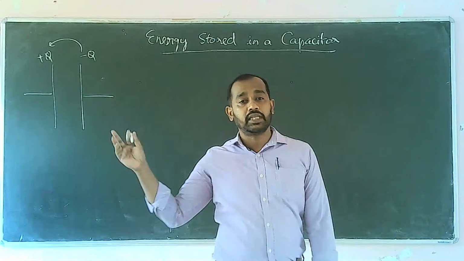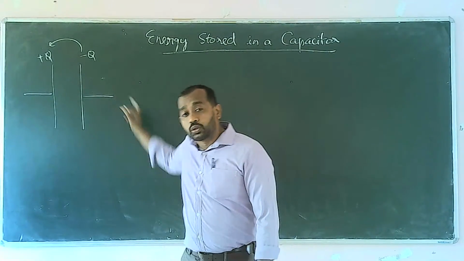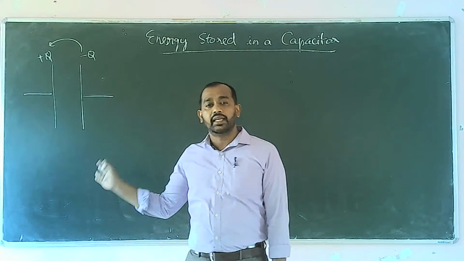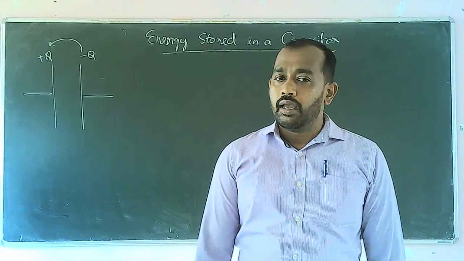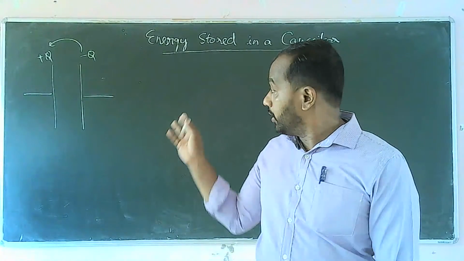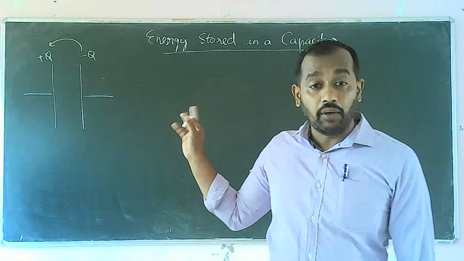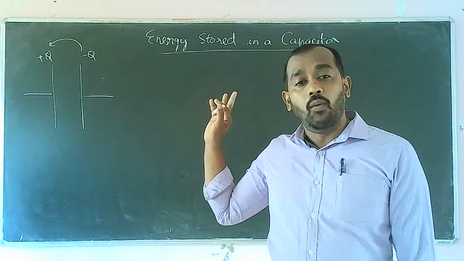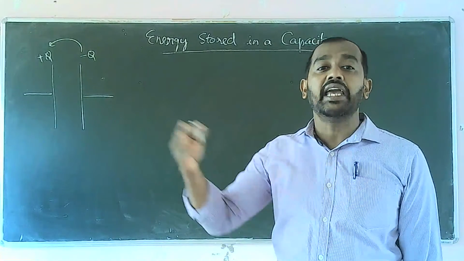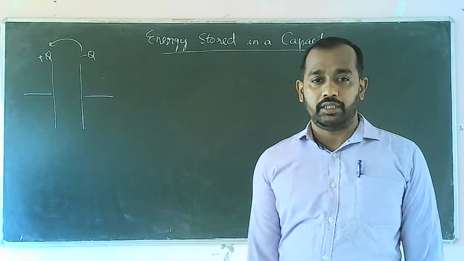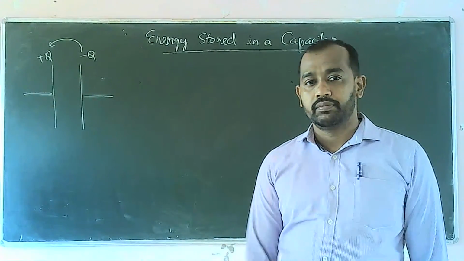The transfer of the charges will be done through an external agency like a cell or battery, a source of energy. And one more thing to remember is that only the negatively charged particles, the electrons, can move. Positive charges will never move.